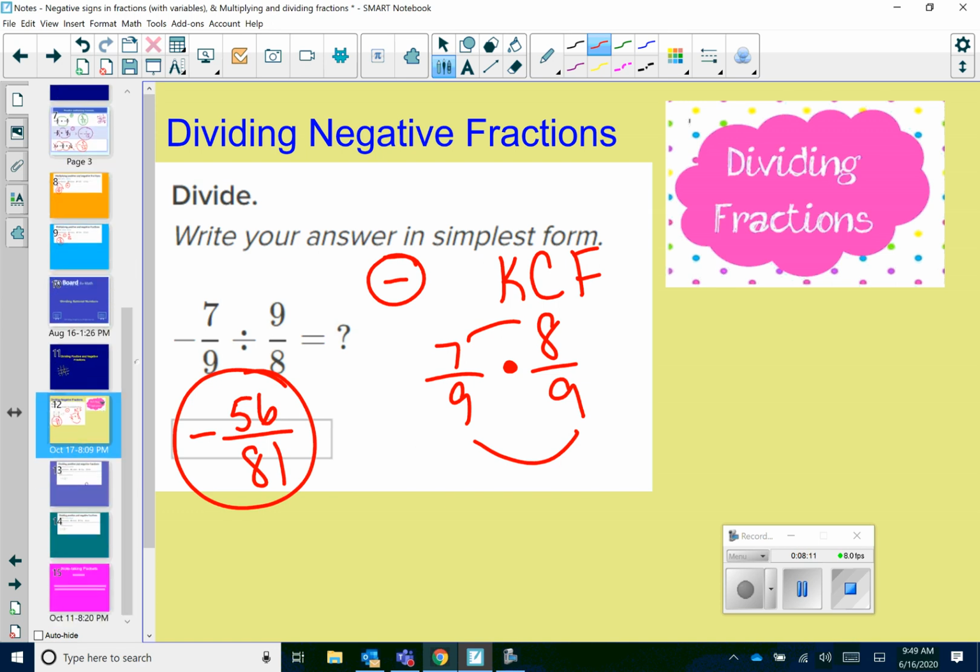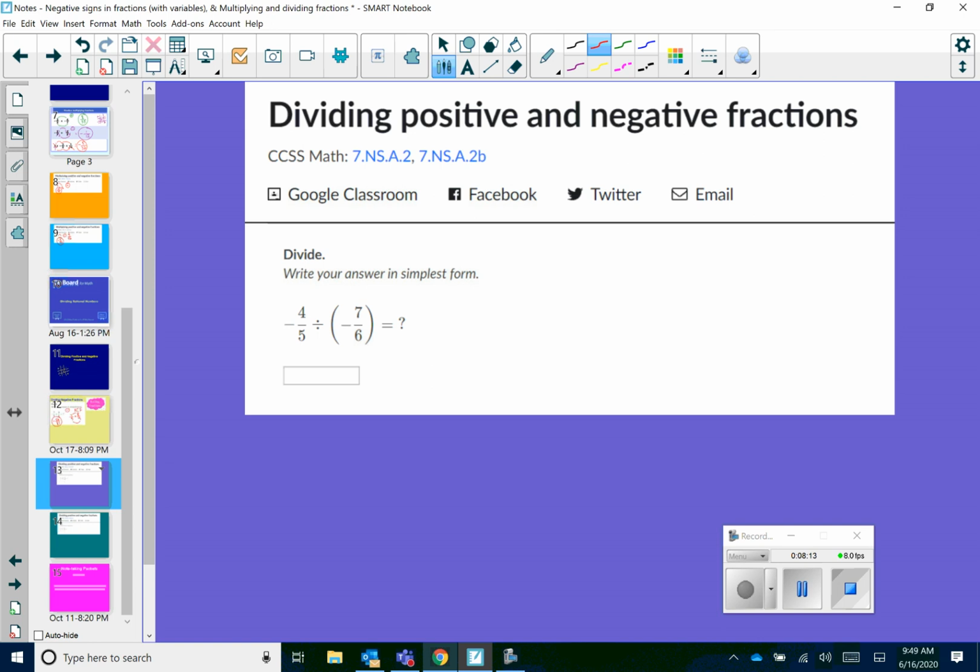Let's try another one. Here I've got a negative divided by a negative, which gives me a positive. We're going to do our keep, change, flip step. So I'm going to keep 4/5. I'm going to change division to multiplication, and I'm going to flip my second fraction. Again, I did not bring the negatives because I already know my answer is going to be a positive.